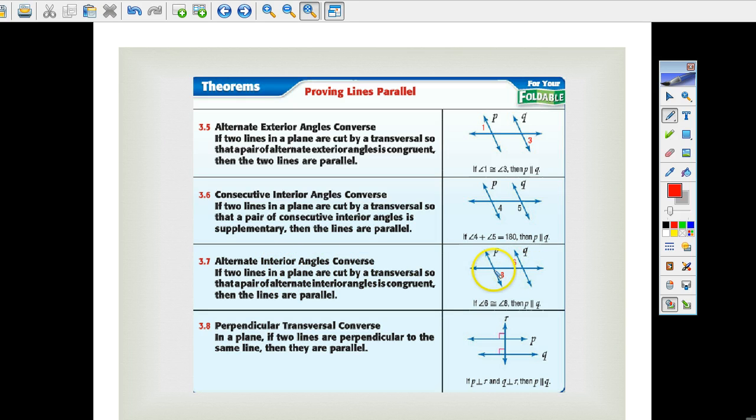If angles 6 and 7 are congruent alternate interior angles, then P and Q are parallel. Perpendicular transversal converse: in a plane, if two lines are perpendicular to the same line, then they are parallel. So if this is perpendicular and this is perpendicular, then P and Q must be parallel.